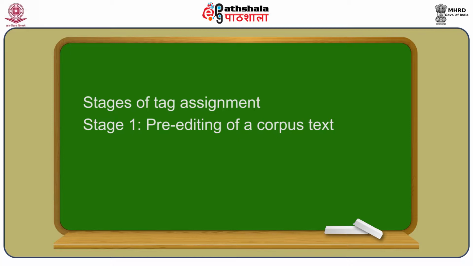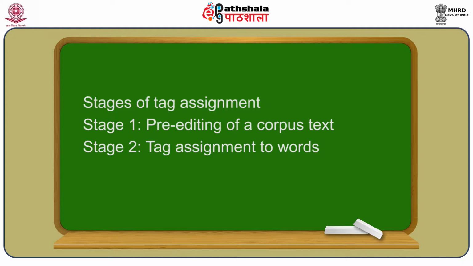The second stage is called the tag assignment stage, which involves the 8 steps just described. So in this part, the actual operation starts. The machine with its inbuilt knowledge base tries to assign a POS tag, a parts of speech tag, to each word. This can be done with a lot of knowledge base retrieved from other sources.